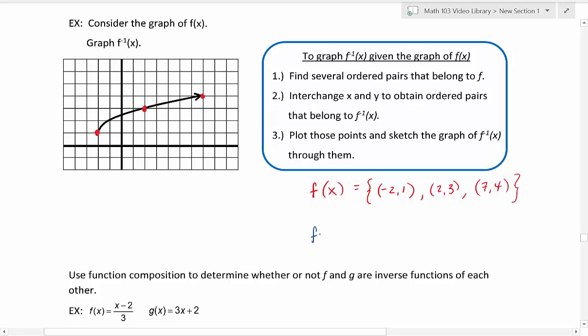To find f inverse, we're simply going to interchange our x and y values. That'll be (1, -2), (3, 2), and (4, 7). Let's plot these 3 points.